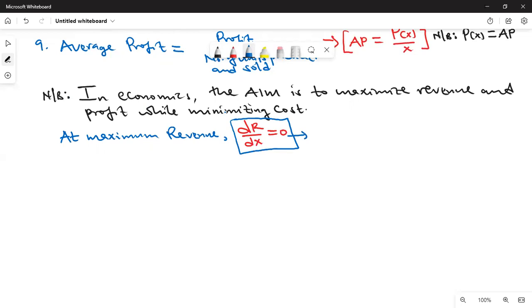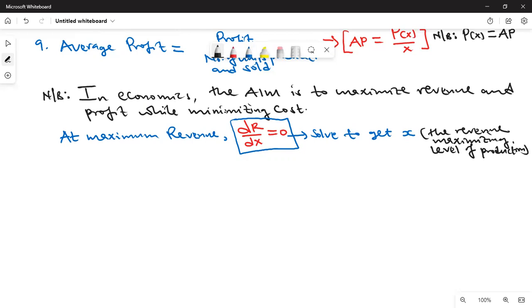So when you solve this equation, you get x. And this x is what you are calling the revenue maximizing level of production. That x that you're going to get.